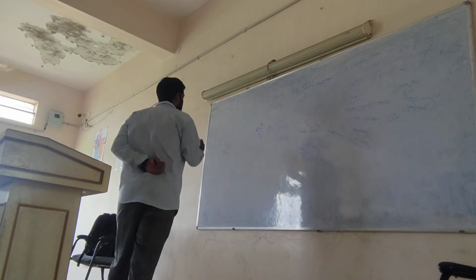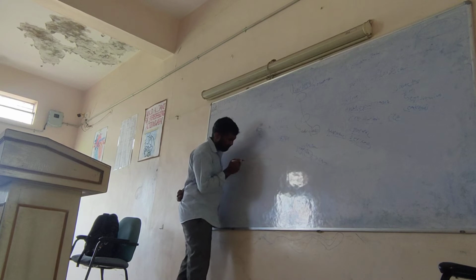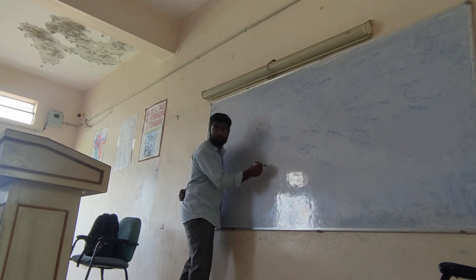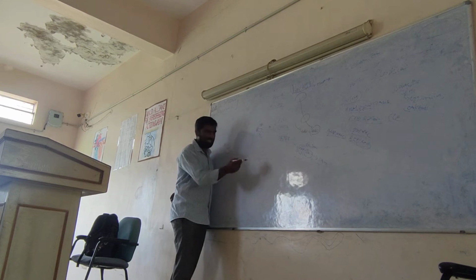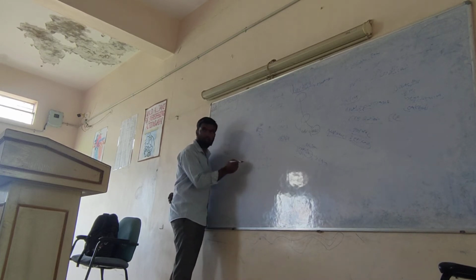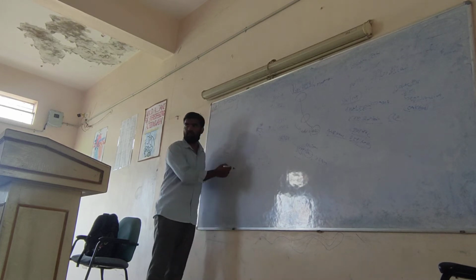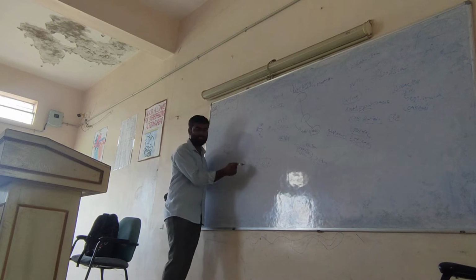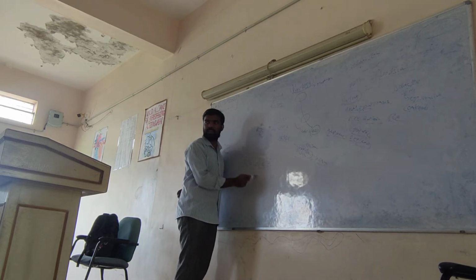Syncytium, do you know what a syncytium is? Listen, all eyes on me. Let's say these are multiple cells: 1 cell, 2 cell, 3 cell, 4 cell, 5 cell, and these dots are nuclei. Each cell should have one nucleus. So how many nuclei are there? 5 nuclei.